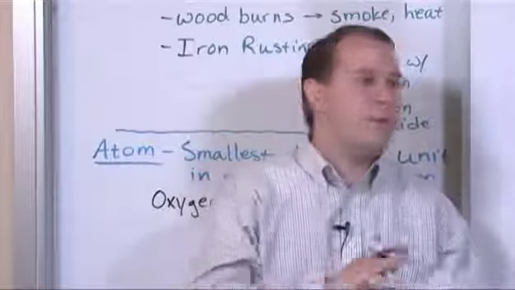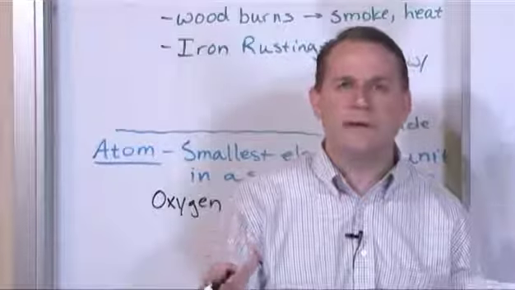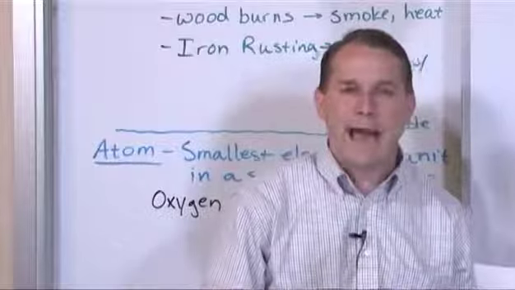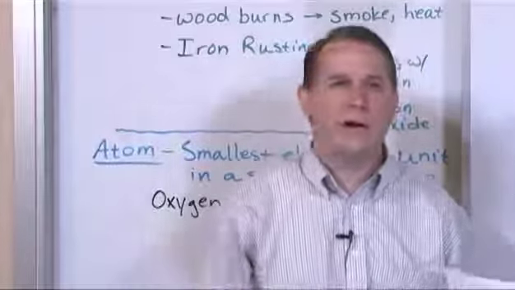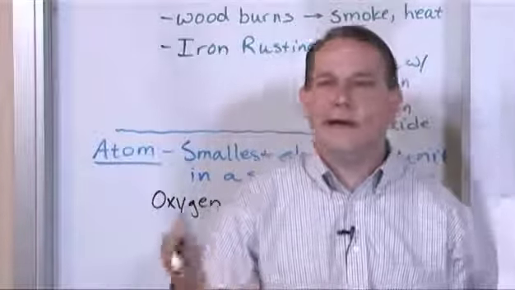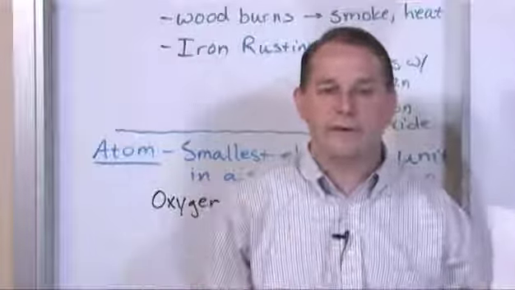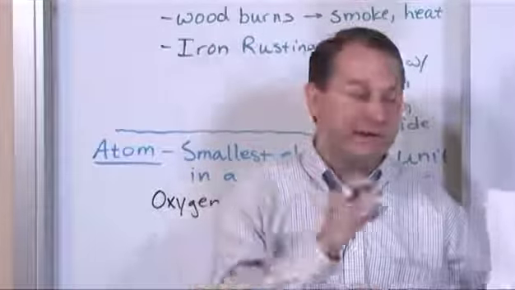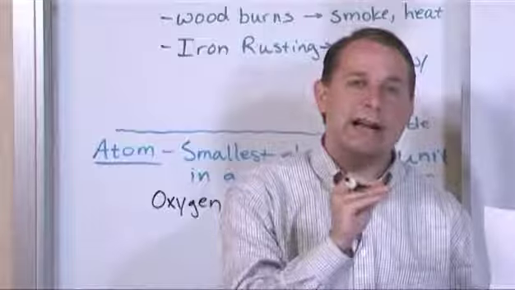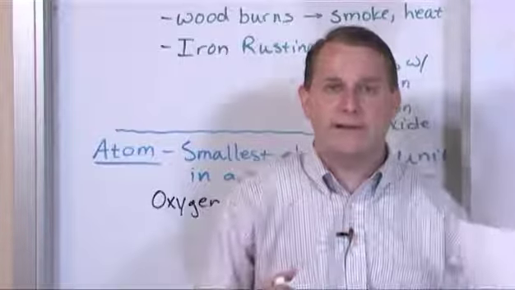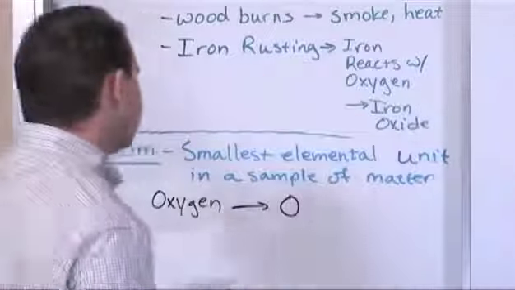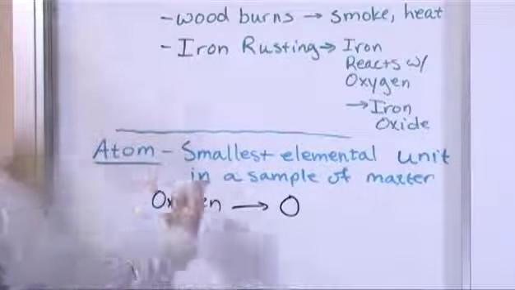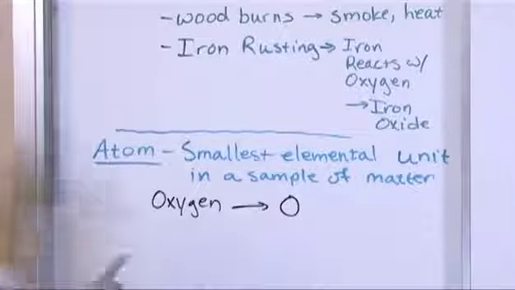So that's why we have so many different things around us that look totally different. The plastic in a bag, the rubber in a tire, the glass in your house, they're all made of atoms, or I should say they're made of different combinations of these atoms, which are these elements that we have all around us. So an example of an atom is the element oxygen, chemical symbol O.